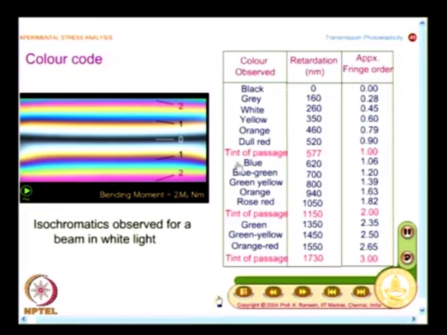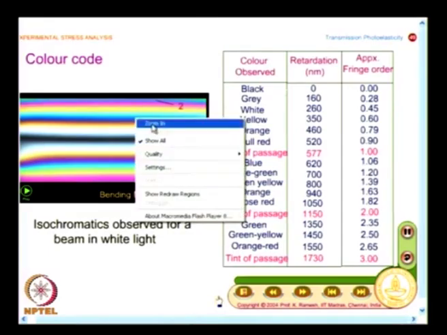Before I magnify, you look at here, I will have a blue, blue green, green yellow, orange, and this is labeled as rose red. See, in the case of a first fringe order, you have a transition between dull red to blue, and in the case of a second fringe order, it is rose red to green, and these are easily distinguishable when I magnify the picture. And I want you to have an appreciation of this.